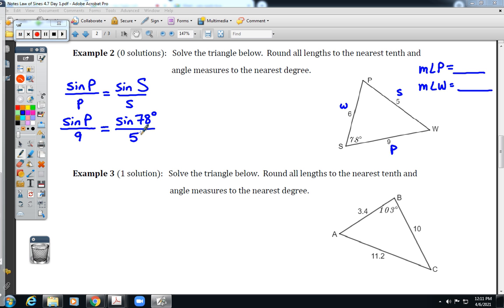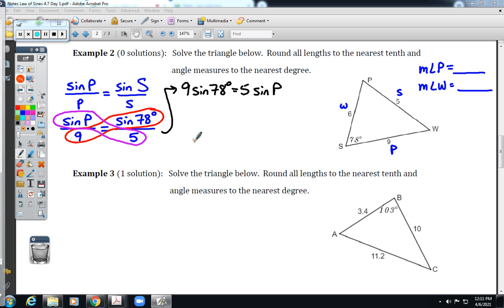Cross multiply. So we're basically doing the same steps we did on the last one. We cross multiply. And we get 9 times the sine of 78 degrees equals 5 times the sine of p degrees.